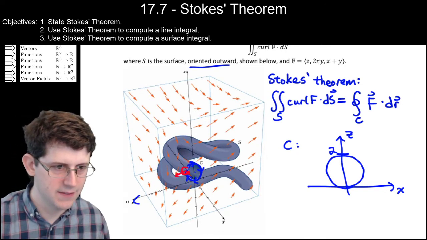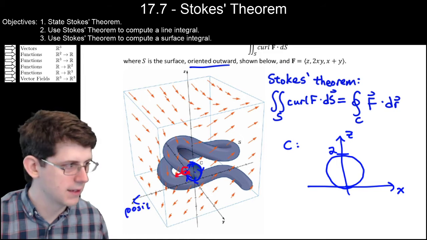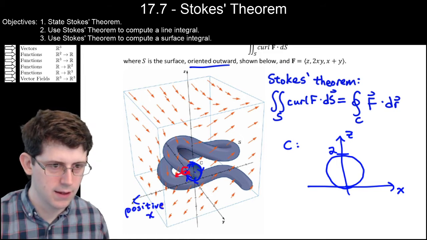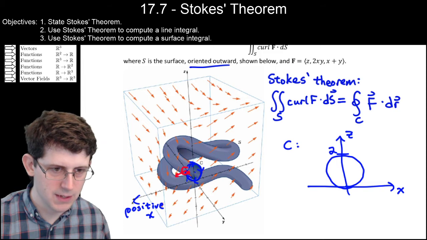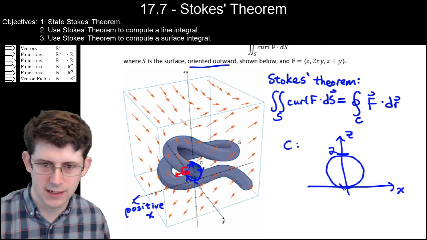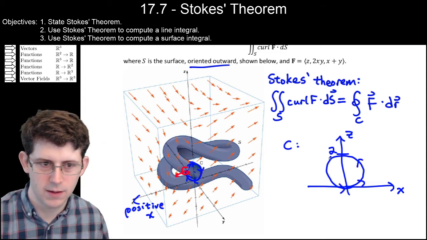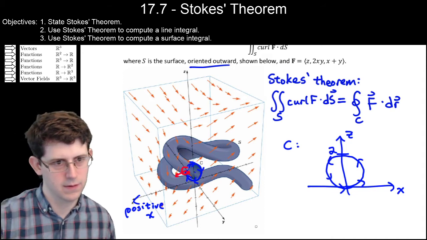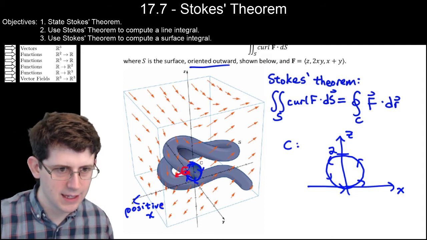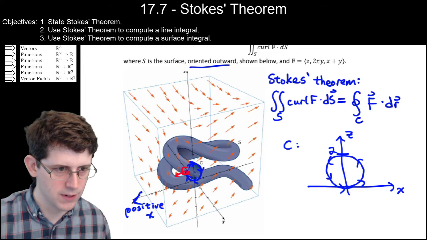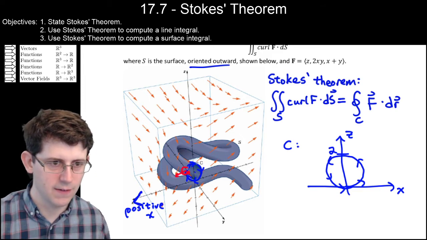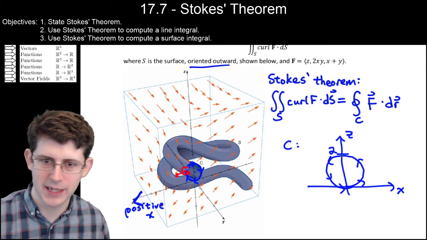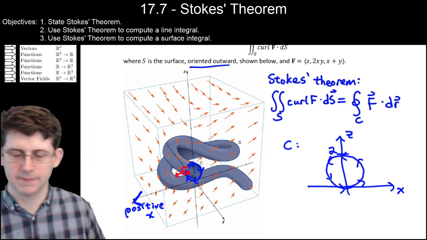This is the positive x-axis. The bottom is supposed to be going toward the positive x-axis, so it'll go this way. Does that look right? The top of the curve should be going away from positive x, and the bottom of the curve should be going toward positive x. Yeah, so it's this way.